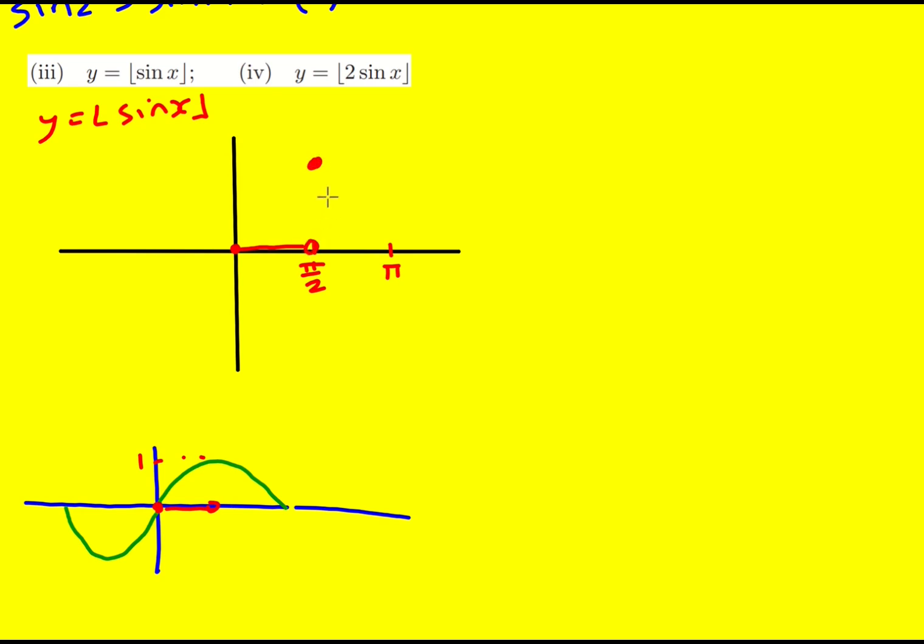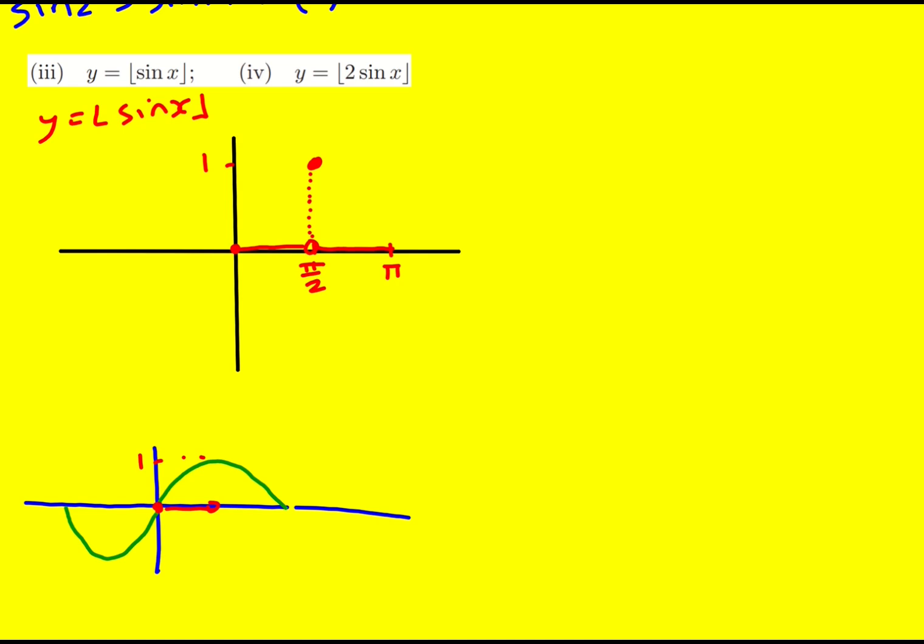So this is an open circle. This is going to be 1. But straight after, it's going to jump back down and then decrease all the way to pi. So actually, that is what it's going to look like. And just draw a dotted line to show that is our discontinuity. It's basically y equals 0 except at pi over 2 where it jumps to 1.